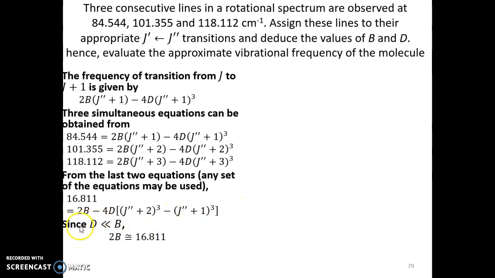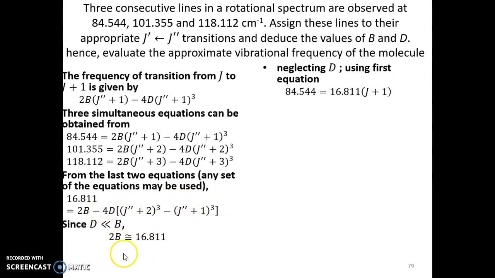Recall that we said D is really small and negligible compared to B, so we can just neglect it in this equation for now and calculate an approximate value for B. If we put the value of this B into this equation, we obtain that J equals 85.1 minus 3, which is approximately equal to 4.